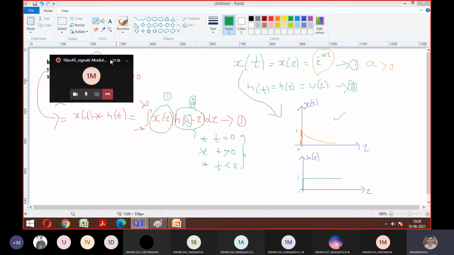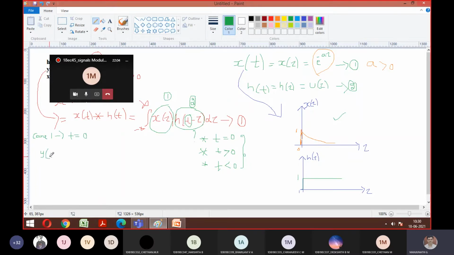Fine. So let's proceed. For example, if we take case 1, you need to write the statement case 1, which is t equal to 0. If I substitute t equal to 0 in the convolution integral formula, what will happen, guys? The new formula will occur.